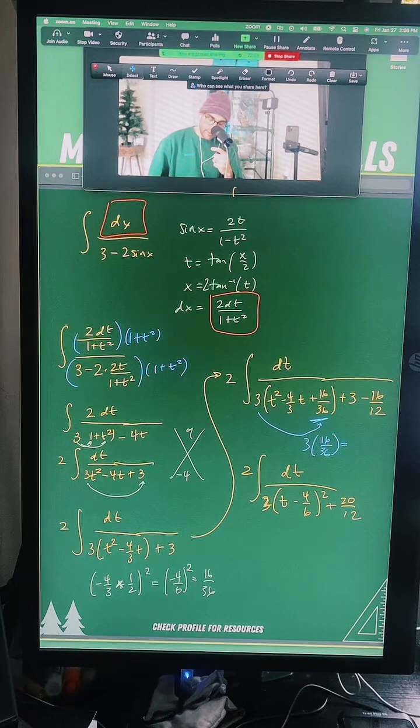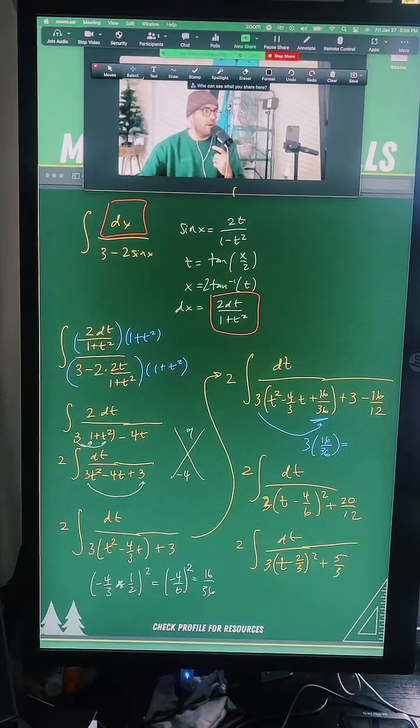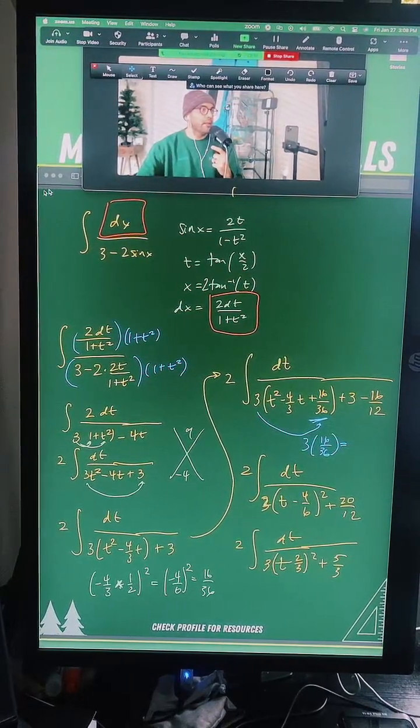Again, I would simplify this now. So let's rewrite this. This is going to be t minus 2/3 squared plus, I guess I can make this a 5/3. All right, not terrible. But even then, it looks like this is going to be an arctangent type problem.